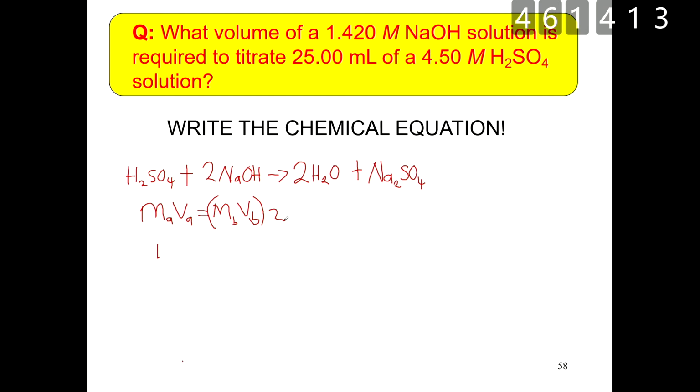So you want to balance them, right? MB VB is larger, so the 2 should be on MA VA to balance. Yes, because the base number is larger.